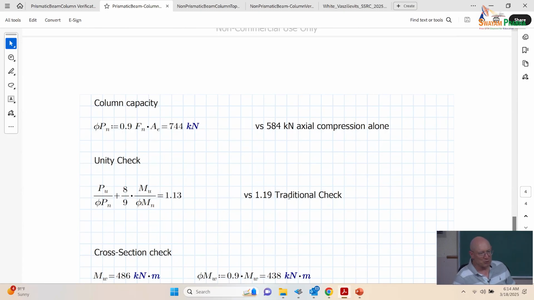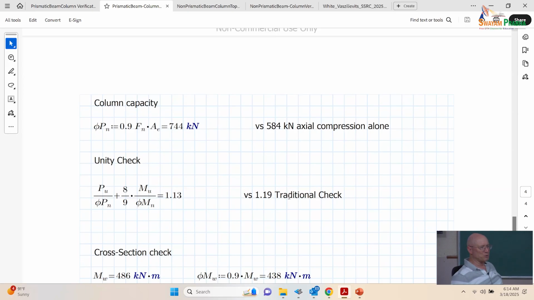Now in the traditional check, we usually take the demand to capacity ratio Pu to phi-pn, and if you go back and look at what we did, it was at the very bottom of the section. And now we say, oh, but the moment is up at the top. Do we think those are that closely related?